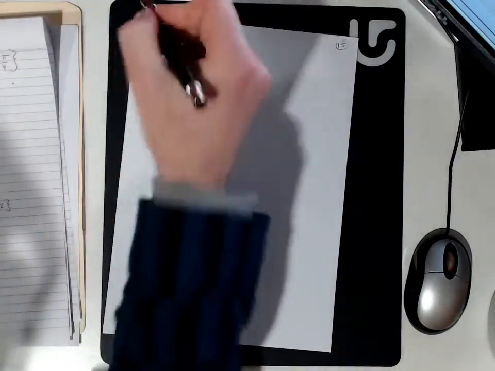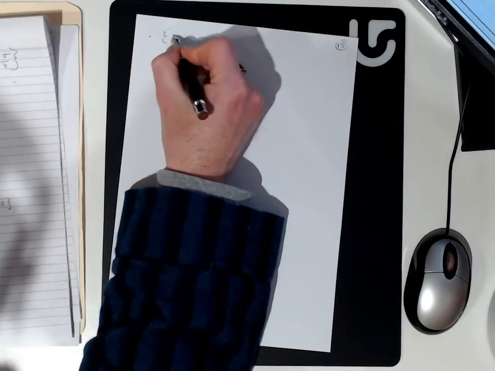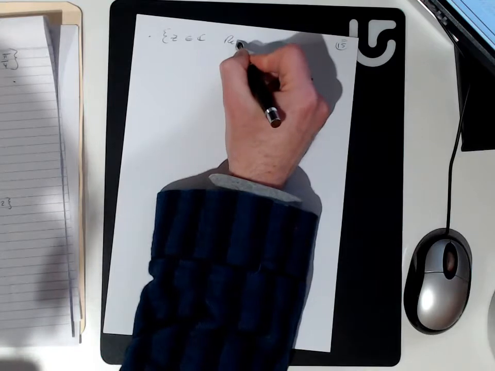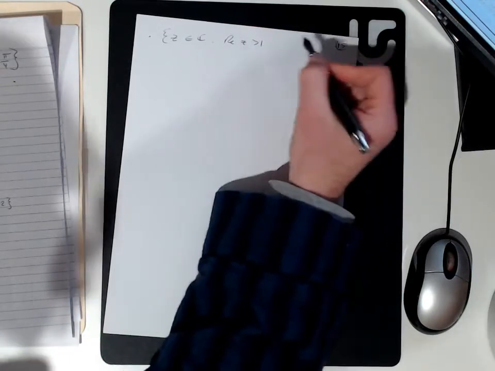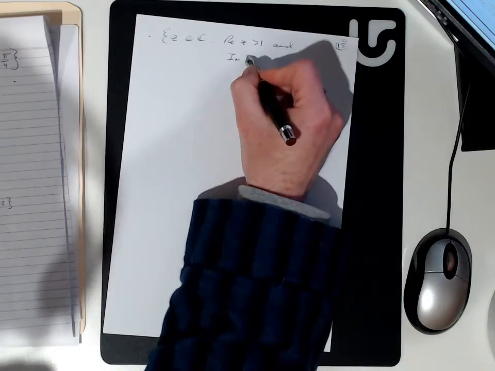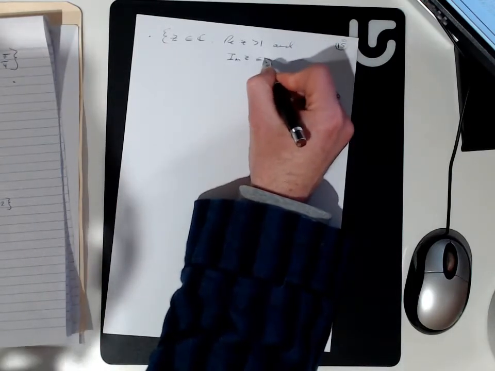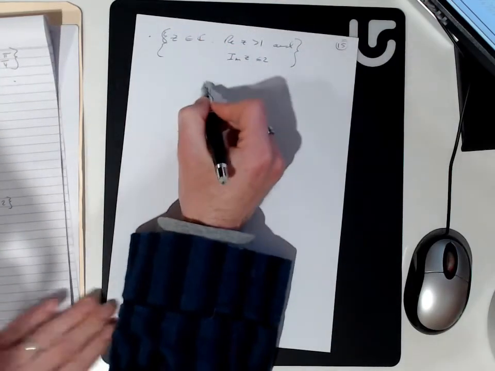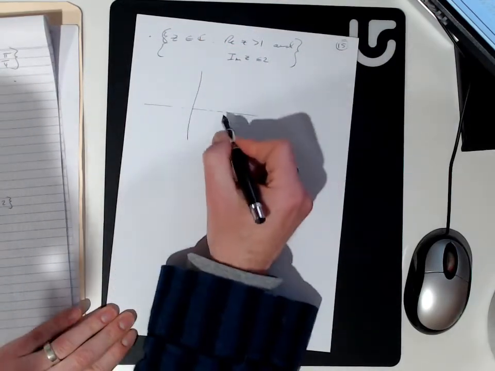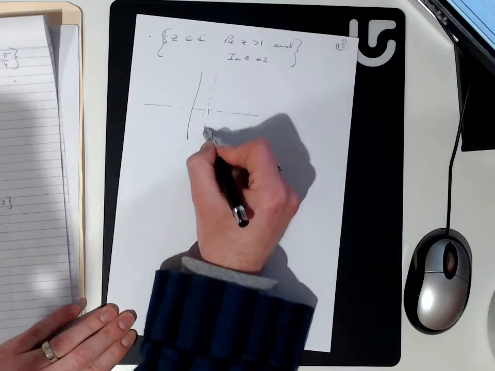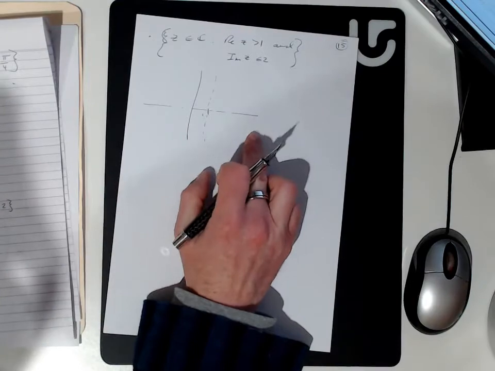Here's another example. z inside the complex numbers. The real part of z greater than 1, and the imaginary part of z less than or equal to 2. What does this look like? Yeah, there's 1 on the real axis, and we have to be greater than that, so we know we're working over on this side.